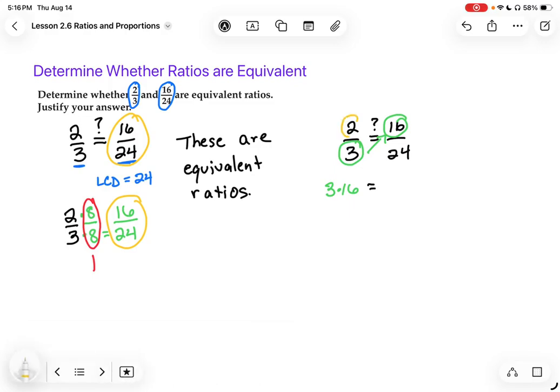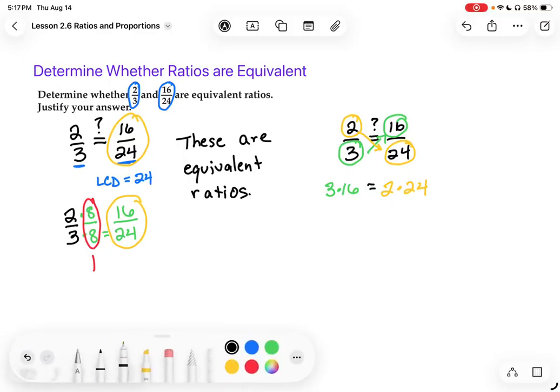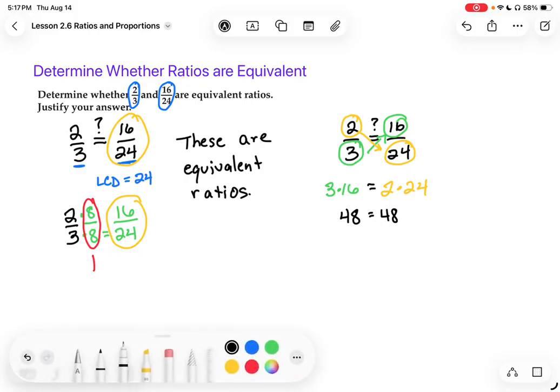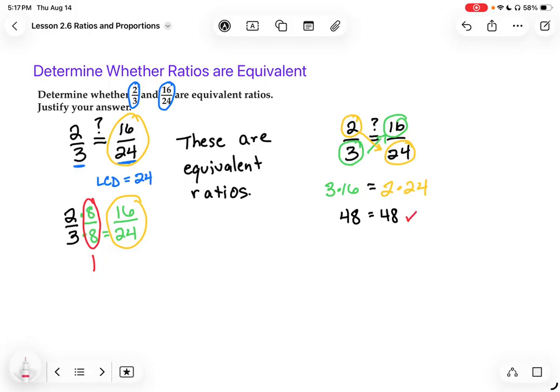So the numerator of the first fraction times the denominator of the second fraction, 2 times 24. And so on the left side, 3 times 16 is 48. And on the right side, 2 times 24, also 48. And so because these two cross products are equal, that also tells us that these are equivalent ratios.